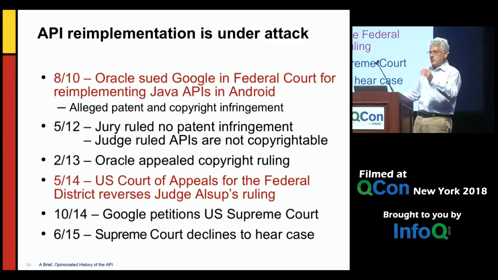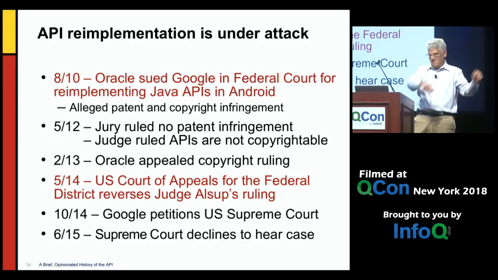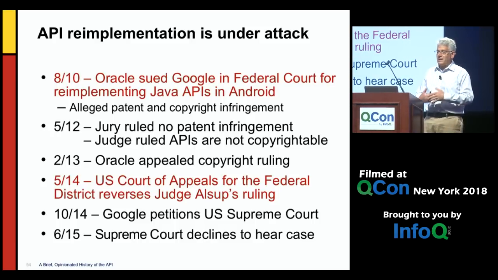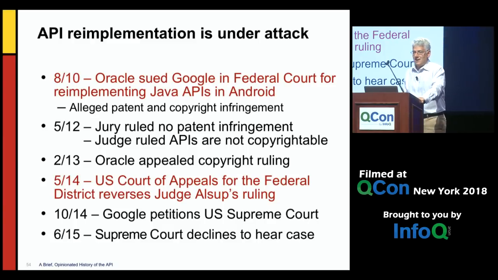The judge, Judge Alsop, the same one whose interrogatory began this talk, ruled that the jury found there was no patent infringement, and the judge ruled that APIs were not copyrightable. So that was what happened in the first trial.